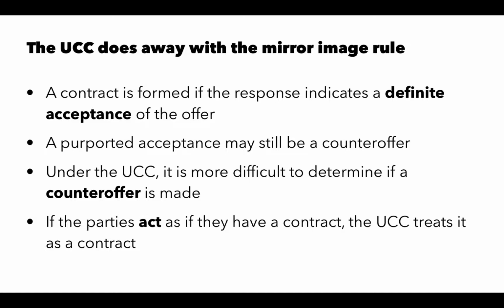But if they begin to perform under the contract and only object afterwards that there actually is no contract, the UCC will treat it as if a valid contract had been formed, even though the acceptance did not match the offer. And what the UCC will do is say the contract will consist of the terms on which the writings between the parties agreed, plus any UCC gap filler terms.